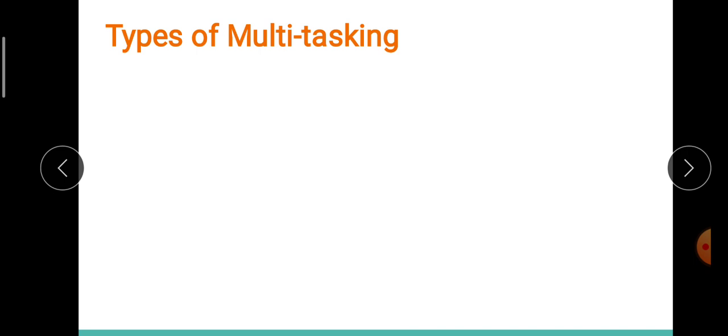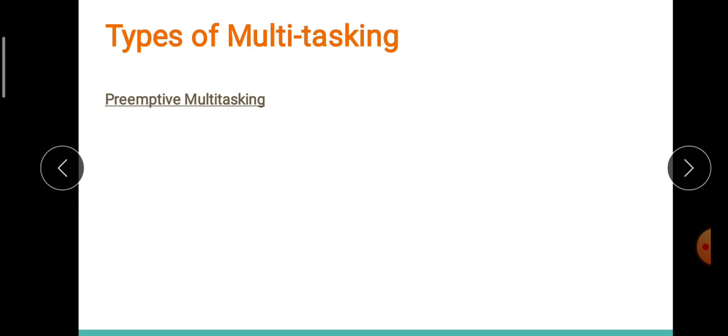The second type of multitasking is preemptive multitasking. Let's start guessing from the name. Preemptive, empty, to get completed, right? Preemptive, before getting completed.